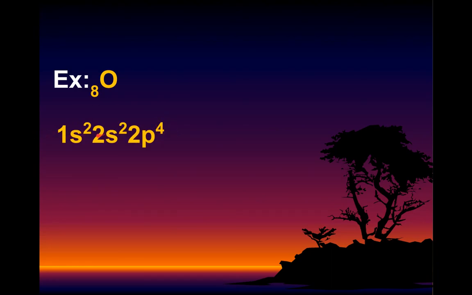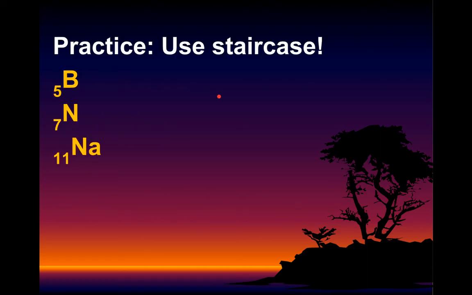These ones all have to be full because of that Aufbau principle. You've got to fill up the bottom of the bottle before you move on. But this one doesn't have to be full, because this is on top. This is the outermost energy level. And so if you add those up, 4 plus 2 plus 2 makes 8. I'd stop for a minute, try those, pause the video, and then you can check your answers.